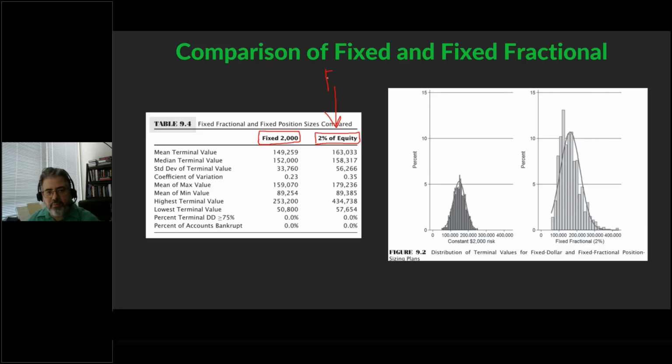The key to fixed fractional is that as your trading account size changes, you will change the size that you trade. So if you are risking 2% of your account, it's obvious if your account doubles and you're still risking 2% of your account, the amount you're risking on each trade doubles. Also, if you go into a drawdown and your account gets smaller, you're going to start risking less.